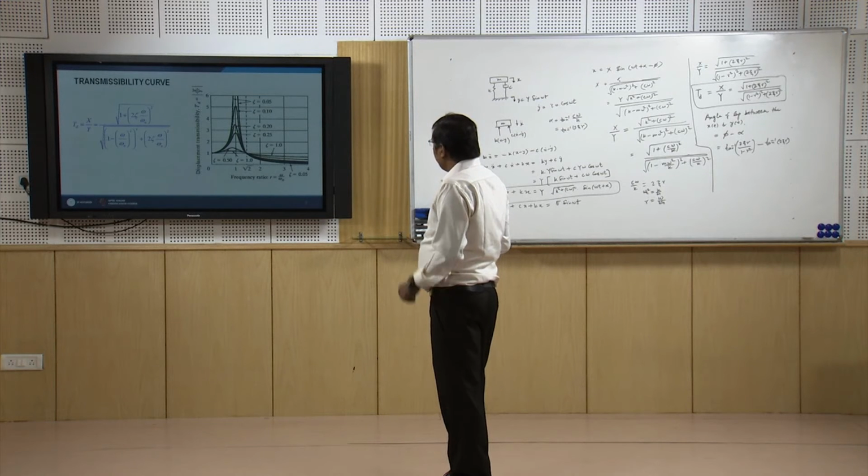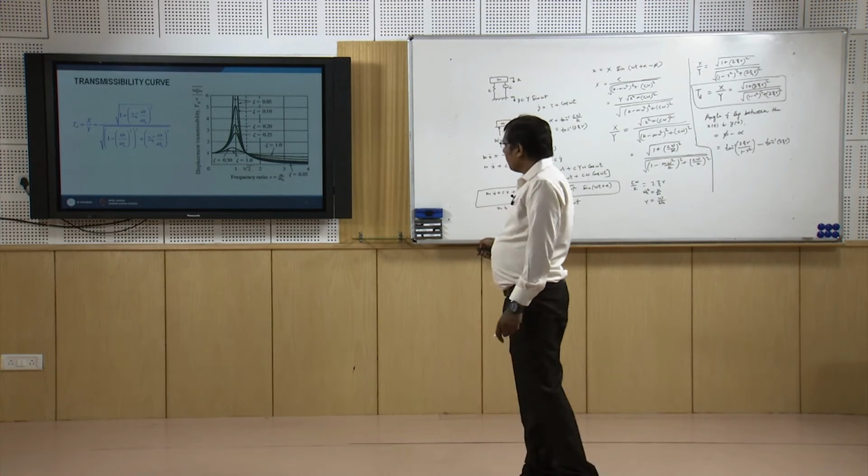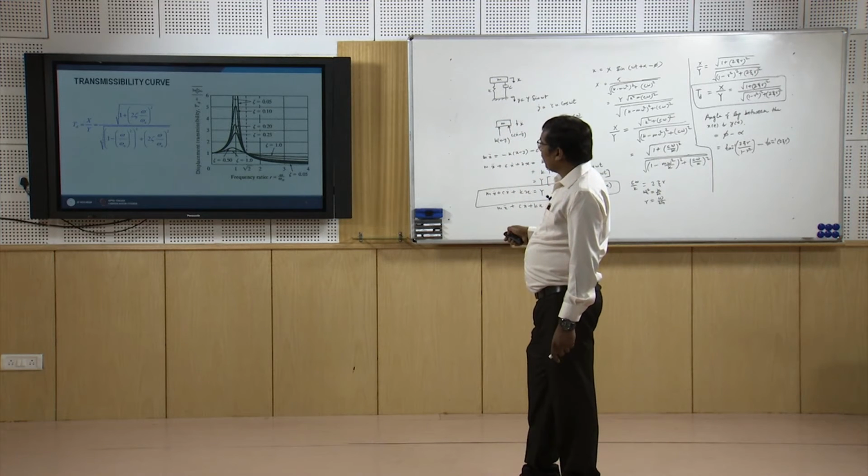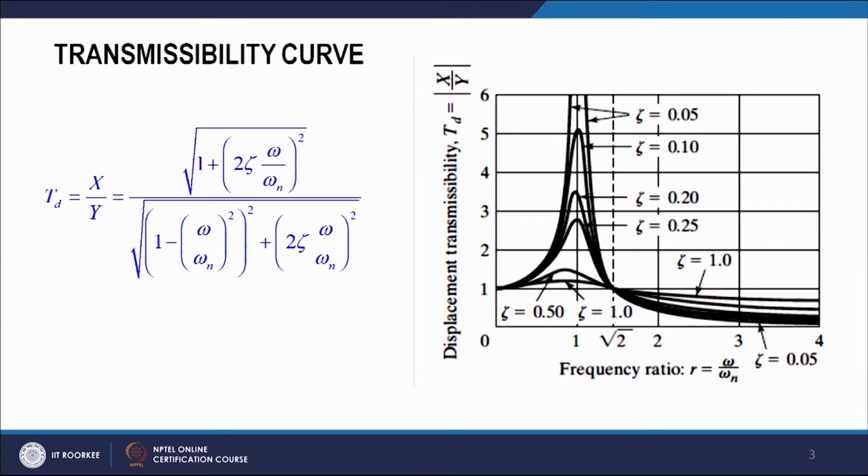Here again we see that the curve starts from 1 at r equal to 0, and it goes to a maxima near r equal to 1, and again it drops and crosses the transmissibility equal to 1 at root 2.